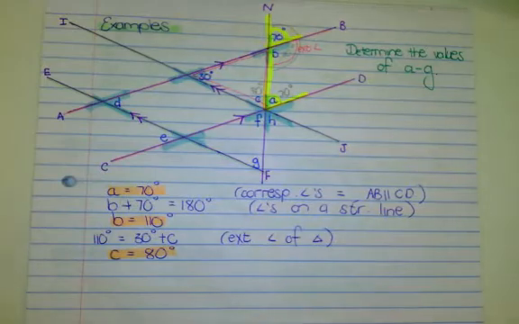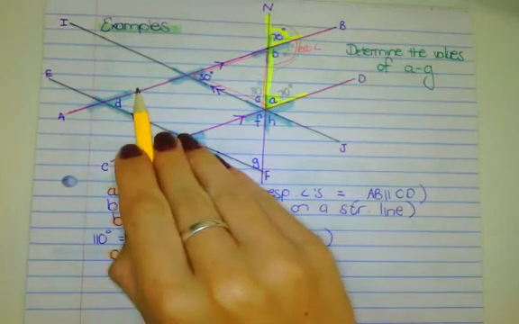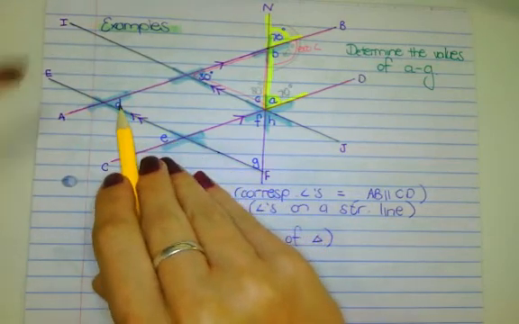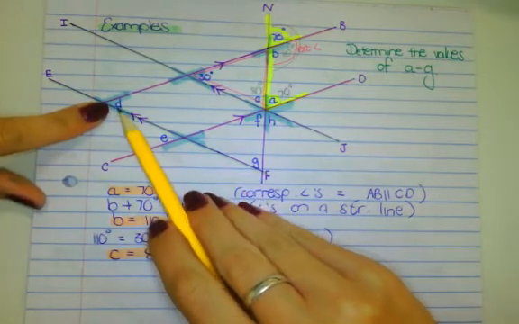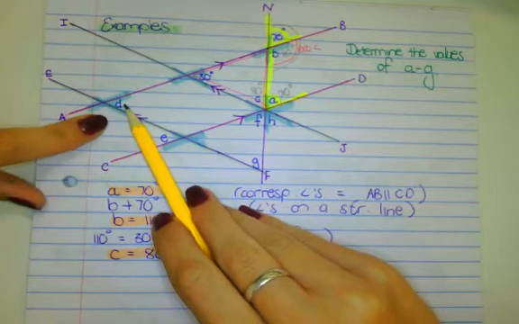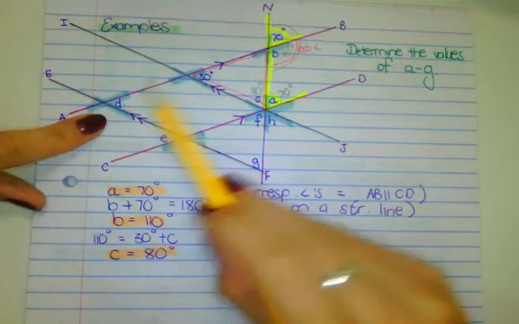Next up, we're looking for D, which is over here. Now we know that there's some vertically opposite angles here, but there's no angle there for it to be opposite and equal to, so we're going to skip that. What else have we got? There's no triangle that D is a part of, so we know we're going to have to use the fact that we've got parallel lines.